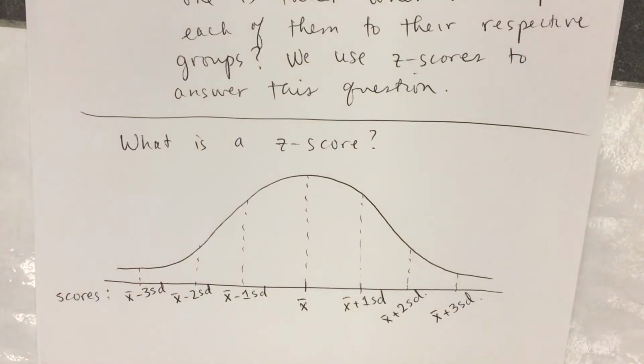That's a score. A z-score is this. Let's take the horizontal line and treat it like a number line.